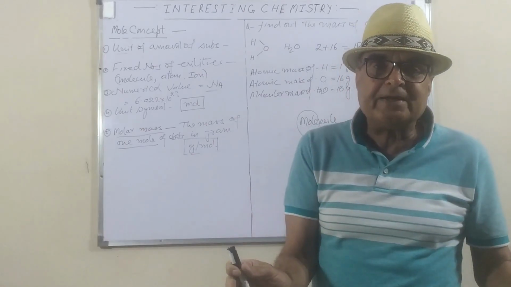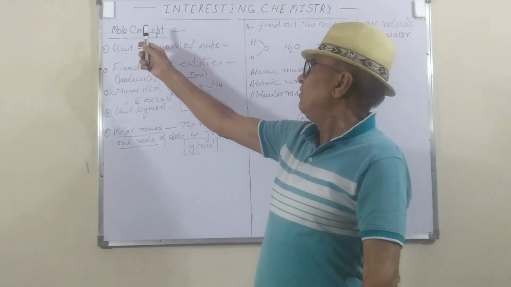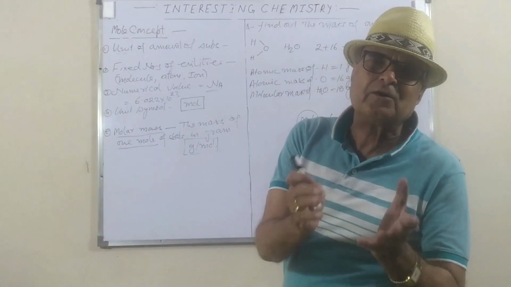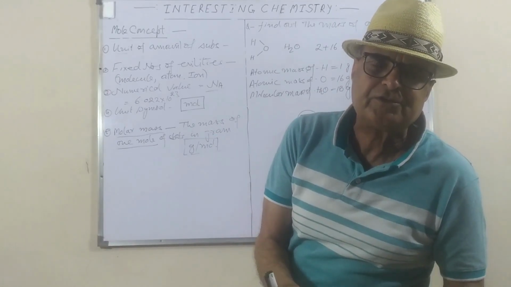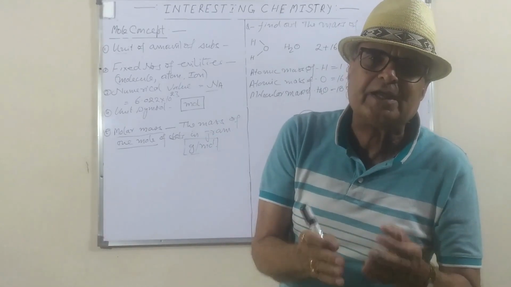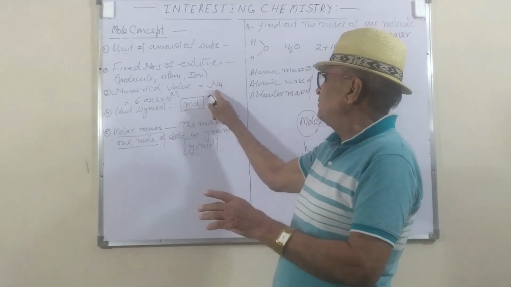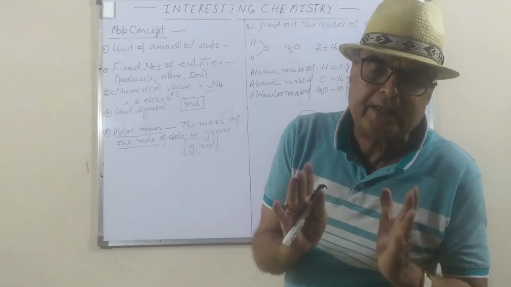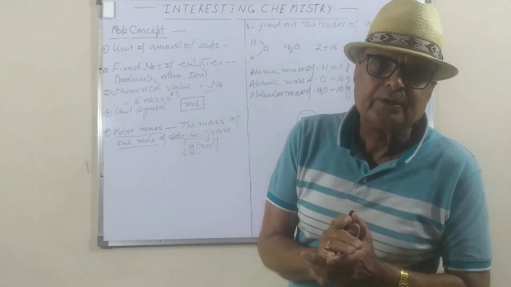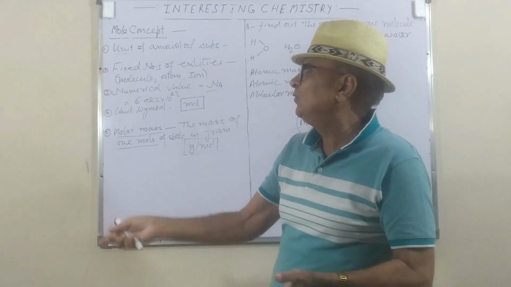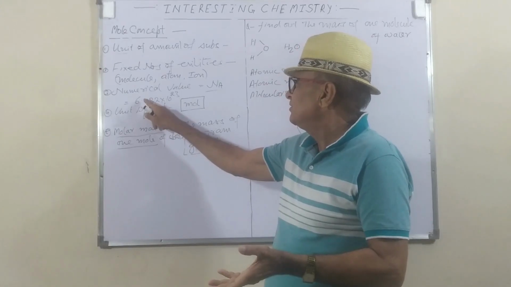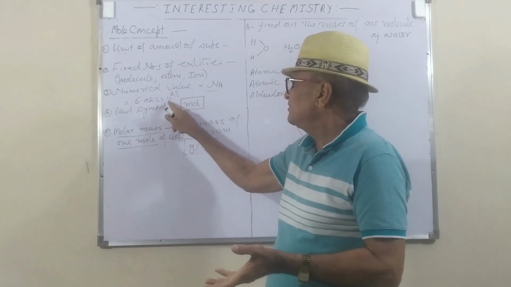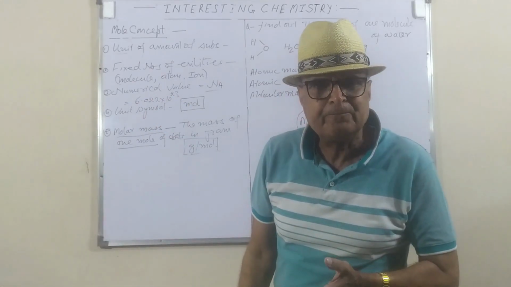In the same manner, this mole also has a fixed number of entities. The value of these entities is equal to the Avogadro number, Na, and the numerical value is 6.022 into 10 raised to the power 23.